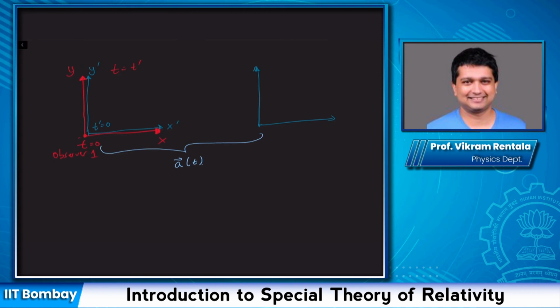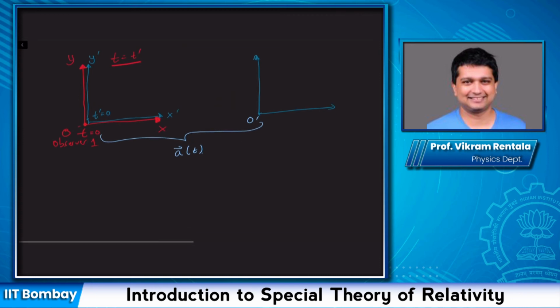So the displacement of this origin, let me call this origin O prime, and this origin is O, is a function of time, as measured either by the first observer or the second observer, it doesn't really matter since both their times are the same. And now we ask, what is the dictionary that relates observations between these two different observers?